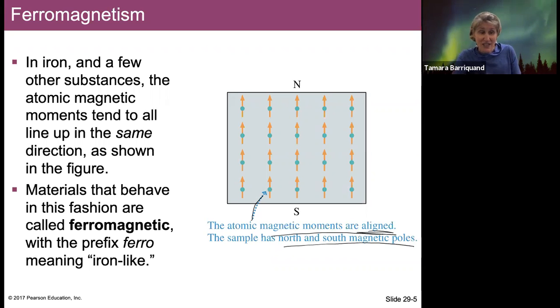Materials that behave in this fashion are called ferromagnetic, where ferro is a prefix that means iron-like. In French, iron is fer. So ferro comes from the Latin for iron.